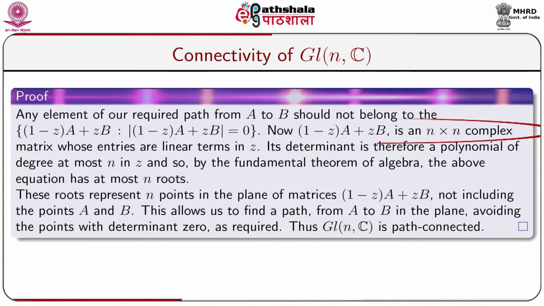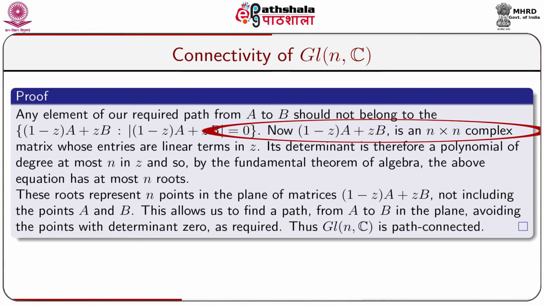But (1 minus z)A plus zB is an n by n complex matrix whose entries are linear in z.